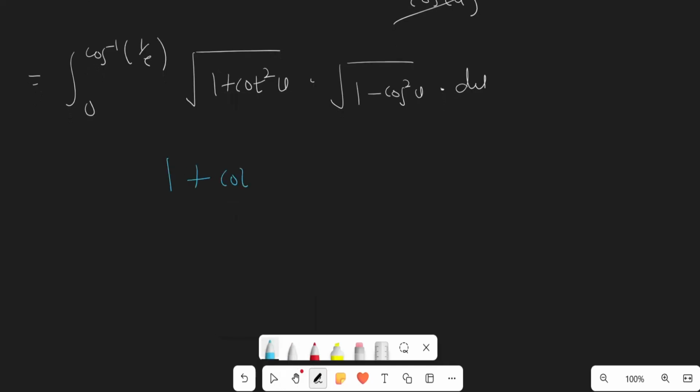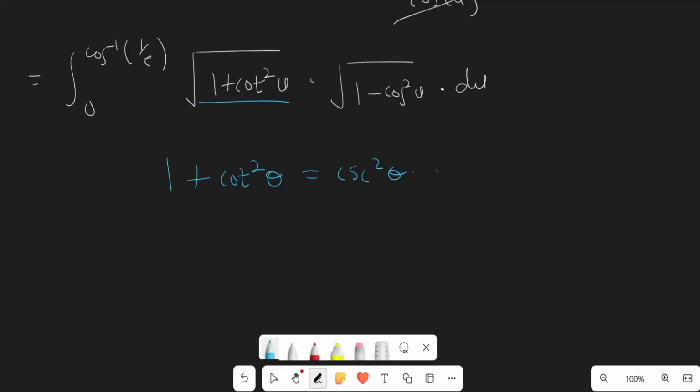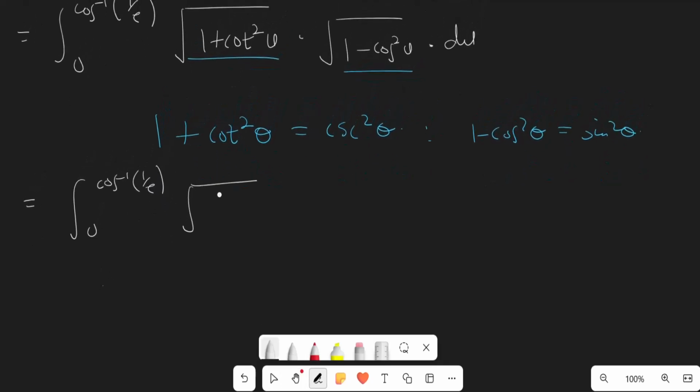We know that 1 plus cotangent square theta is equal to cosecant square theta, so you can replace it with cosecant square u, and 1 minus cosine square theta is equal to sine square theta, so you can replace this with sine square u. So our integral now evaluates to the square root of cosecant square u times sine square u du.